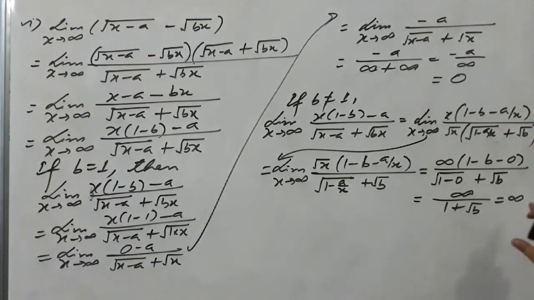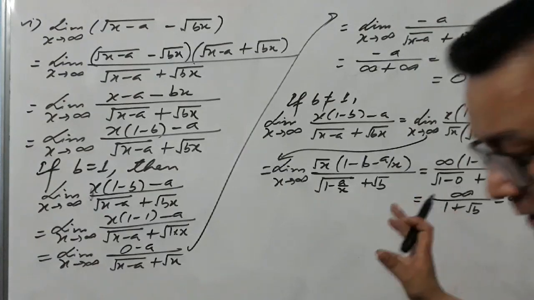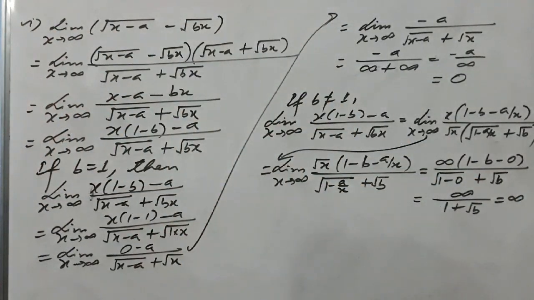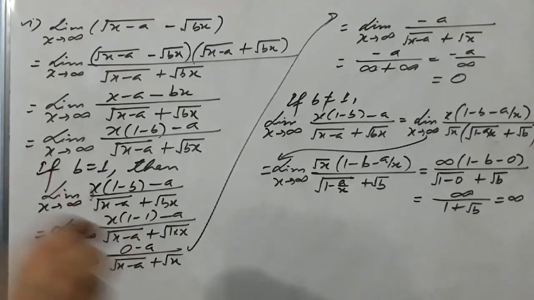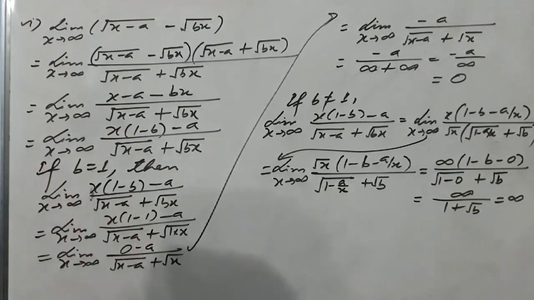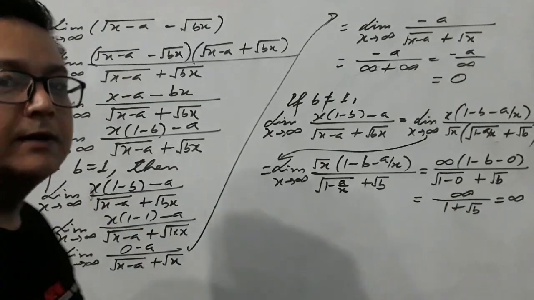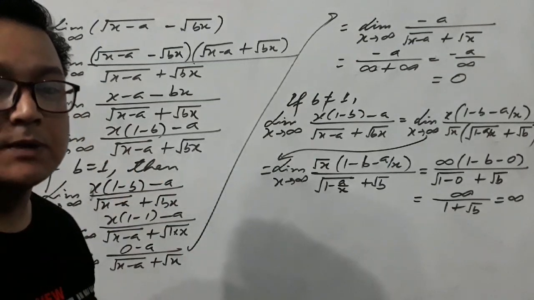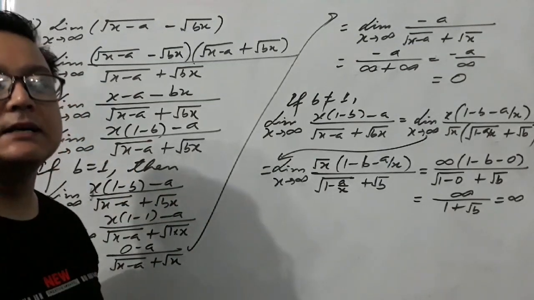So in this case, you can say the limit of the function does not exist. We are getting two limit values under two conditions. If b is equal to 1, then we get 0 as the limit of the function. If b is not equal to 1, then we get infinity, which means the limit as x tends to infinity does not exist.